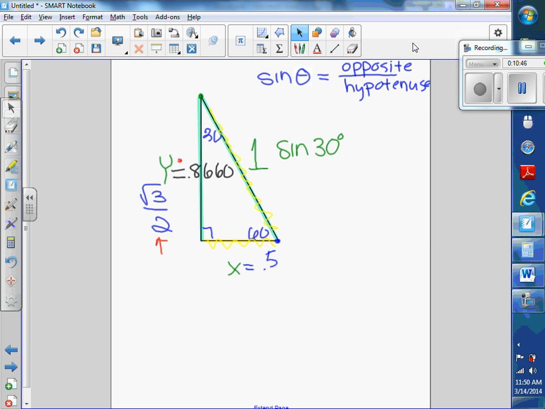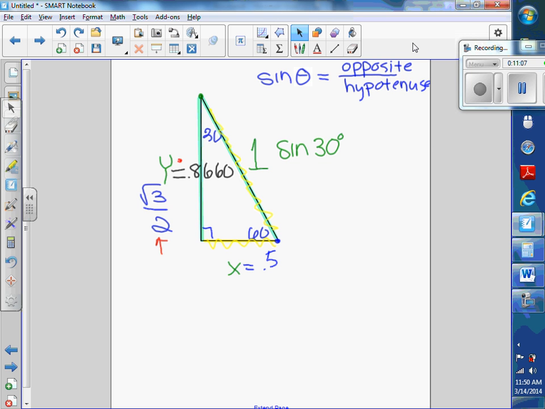Okay, great question, Samantha. This is called right triangle trig. You can't type it in right now, sine of 90 degrees. Just hit sine of 90. Or tangent of 90. You get errors on some of them, right?